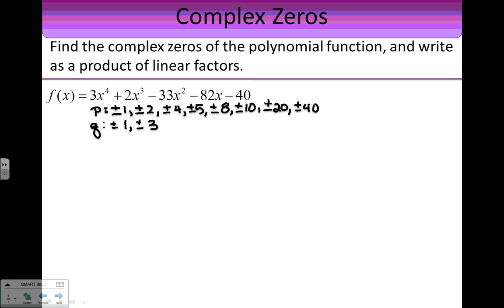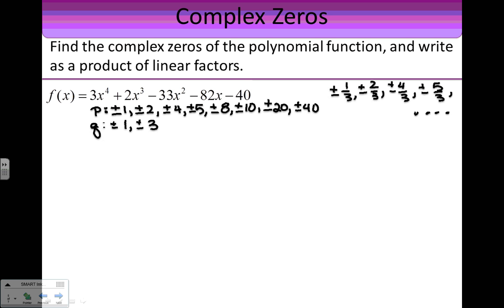So you'll have all of your list of p's, and in addition, I'll have 1/3, 2/3, 4/3, 5/3, and so on. But you know, since you only need one, you don't have to list out the whole list of P over Q.